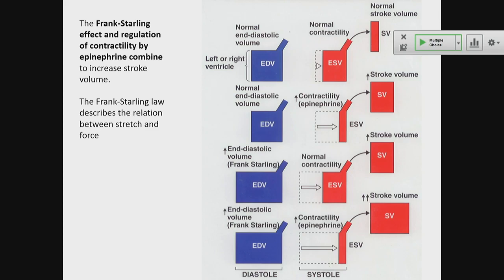If there's more blood returning, the Frank-Starling law causes an increase in contractility, so you eject more blood. And then in the last line here, the two processes combine. So you have more blood returning, more blood being ejected, which results in a large increase in stroke volume.